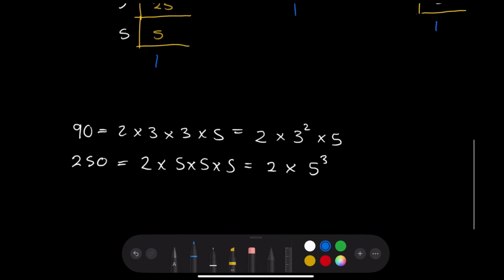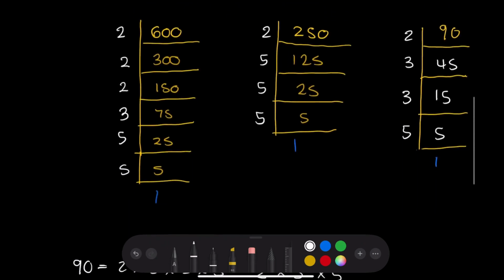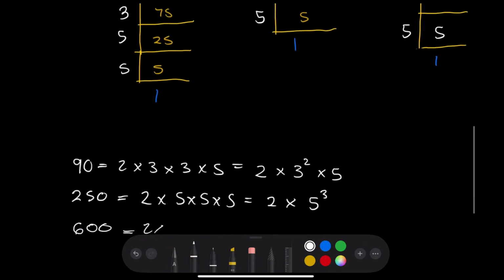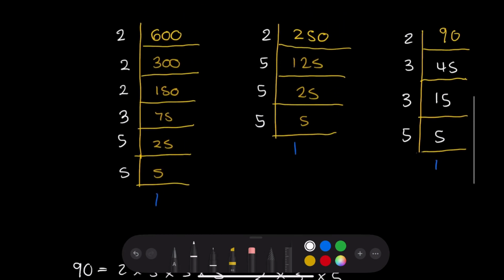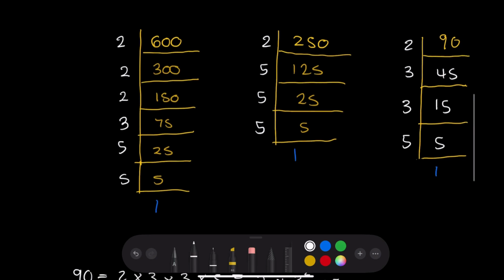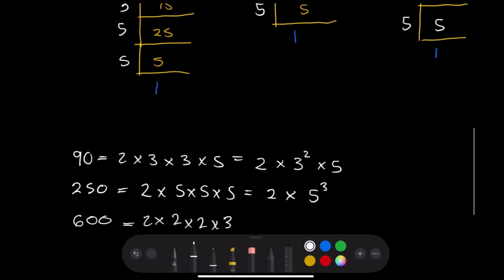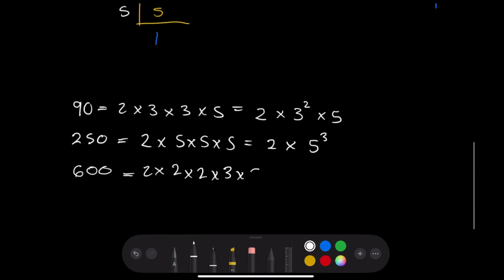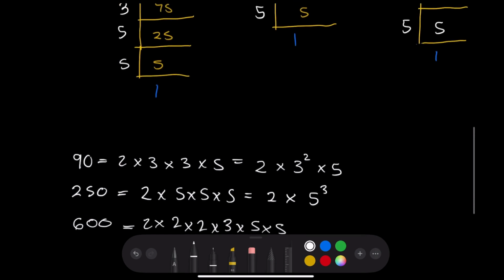So if I had to express the number 600 as a product of its prime factors, then it would be 2 times 2 times 2 times 3 times 5 times 5, right?